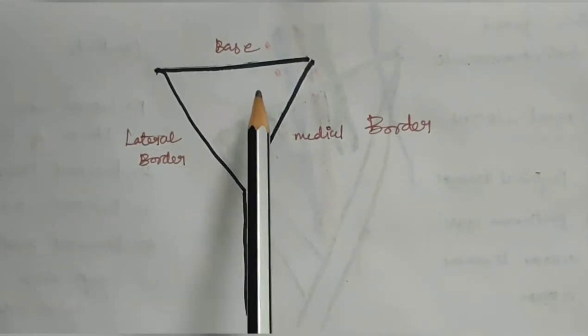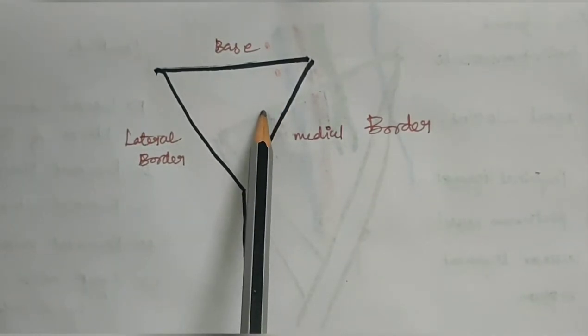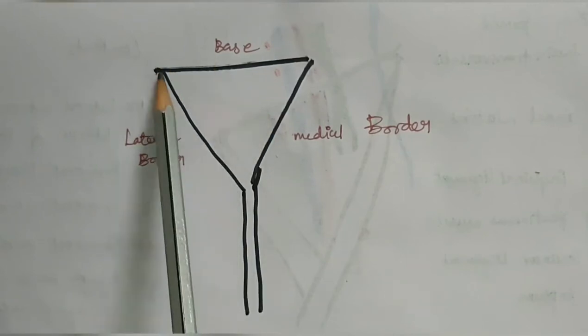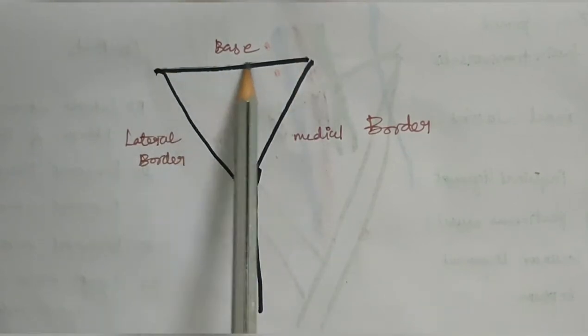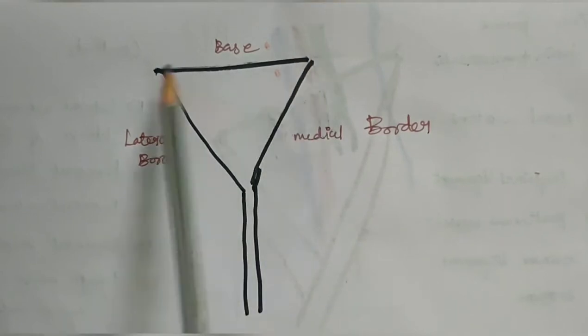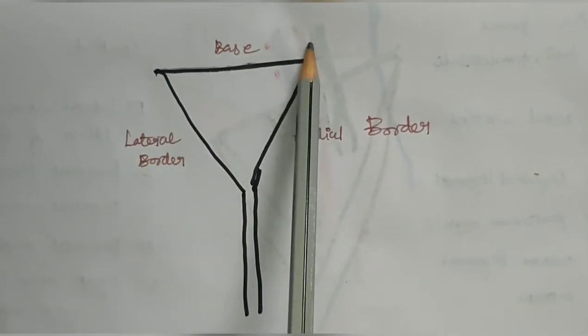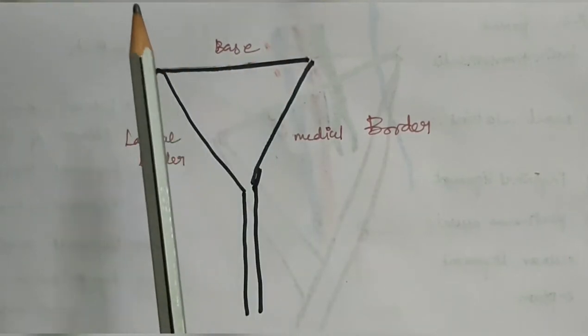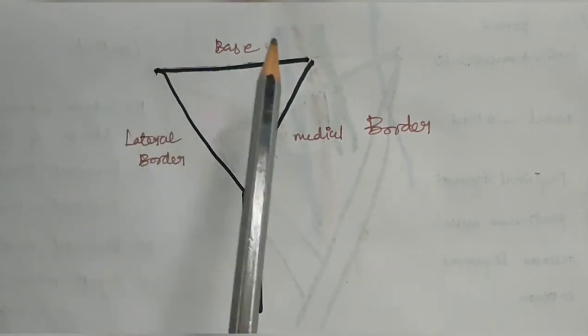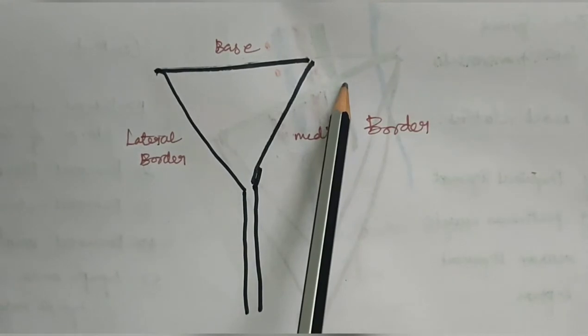In my previous video we learned about the femoral triangle. Consider this as the base of the femoral triangle, and the base of the femoral triangle is the inguinal ligament, which attaches between the anterior superior iliac spine and the pubic tubercle of the pubic bone.